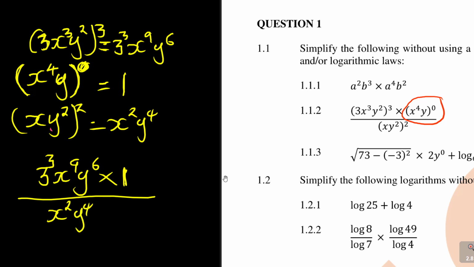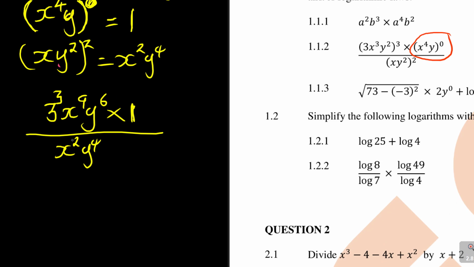What do we do from here? If you can maybe give me an idea. Can you take that x2 y4 and bring it up, and it turns into a minus? Yes, so it will become what? You're very right.